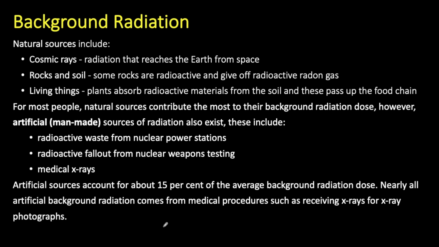Artificial sources, such as those described here, account for about 15% of the average background radiation dose, and nearly all artificial background radiation will come from medical procedures such as receiving X-rays for X-ray photographs.